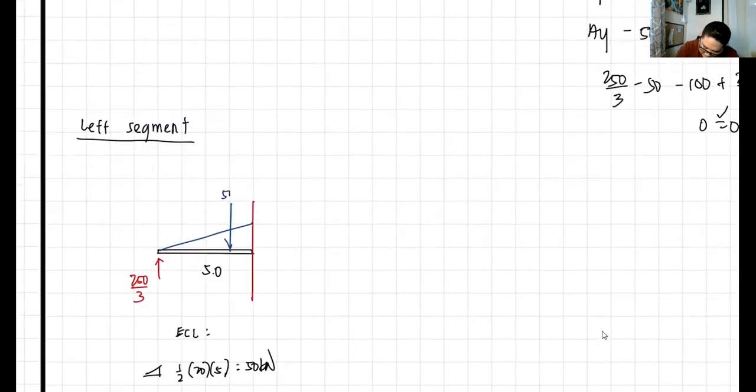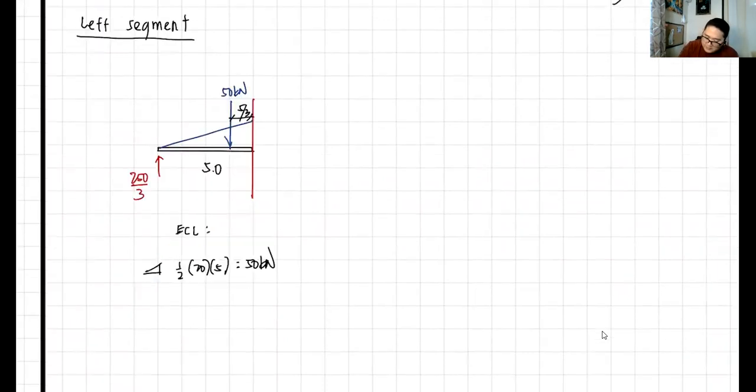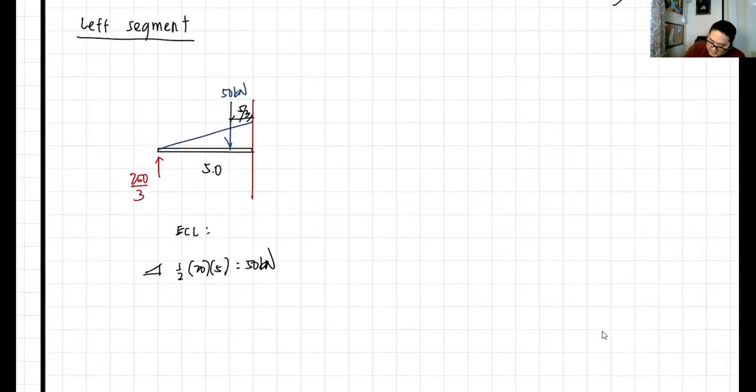So 50 kilonewton na ang distance niya is 5 over 3 o 5/3, no? Then internal reactions natin, si normal force. Then si shear dapat magka-clockwise kaya downward tayo, and then dapat pataas yung lift ng moment natin.